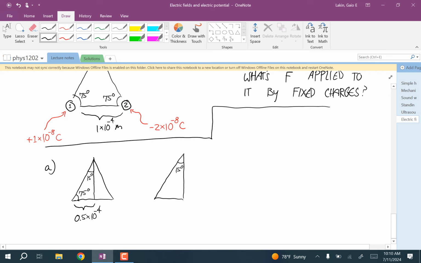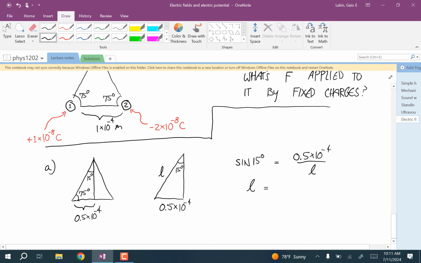And I'm going to use this 15 degrees, and I'm going to use 0.5 times 10 to the minus 4. And we want to calculate this length L. Well, SOHCAHTOA says that the sine of 15 degrees is equal to the opposite to that 15 divided by the hypotenuse.